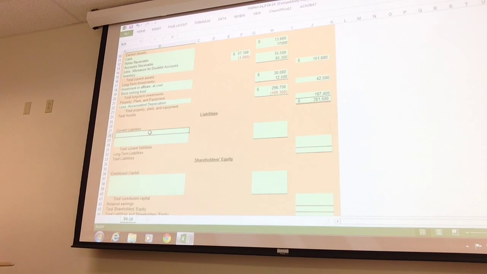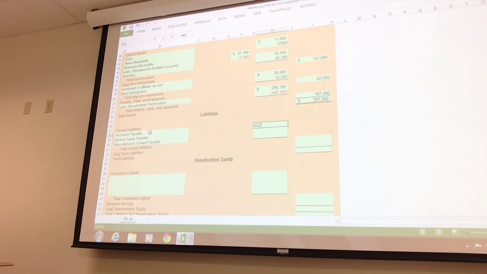We have accounts payable, income taxes payable, and then the miscellaneous, because it tells you that it was a current payable.